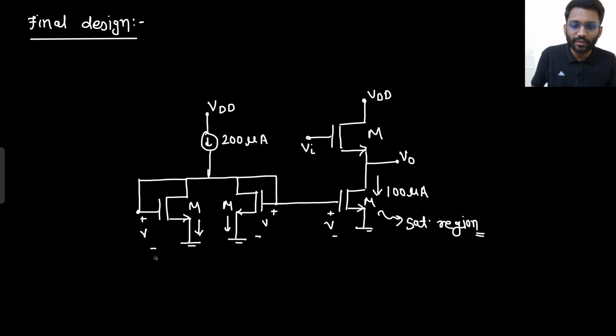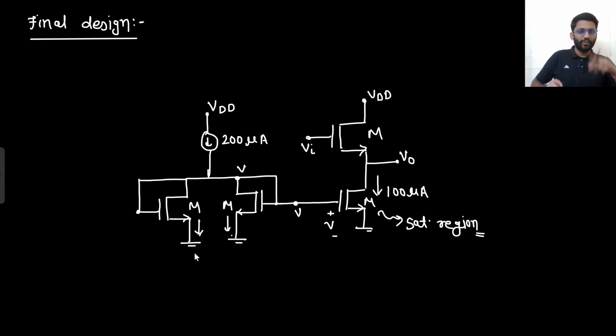Also, first let's solve it by the conventional method. What is the conventional method? I need to look at the impedance from here. So if this is voltage V, this will also be voltage V. From V to ground I see 1 by gm, and from V to ground I see ro, then again 1 by gm and ro.